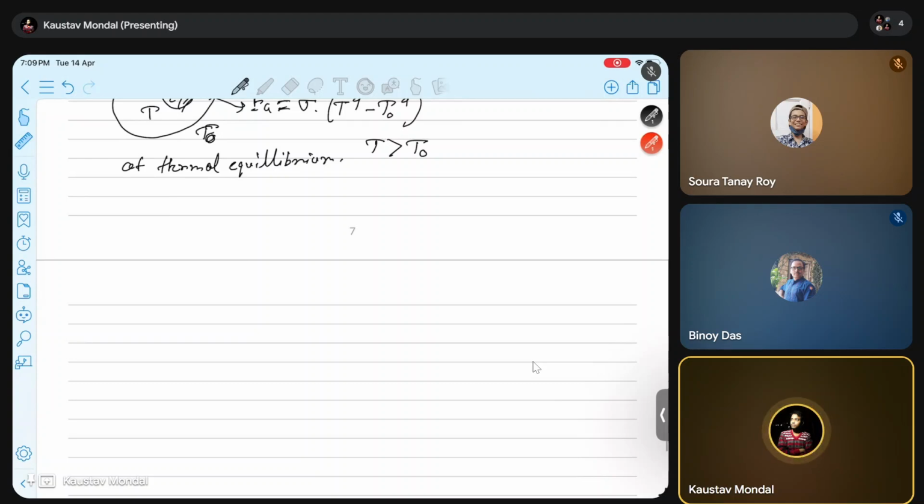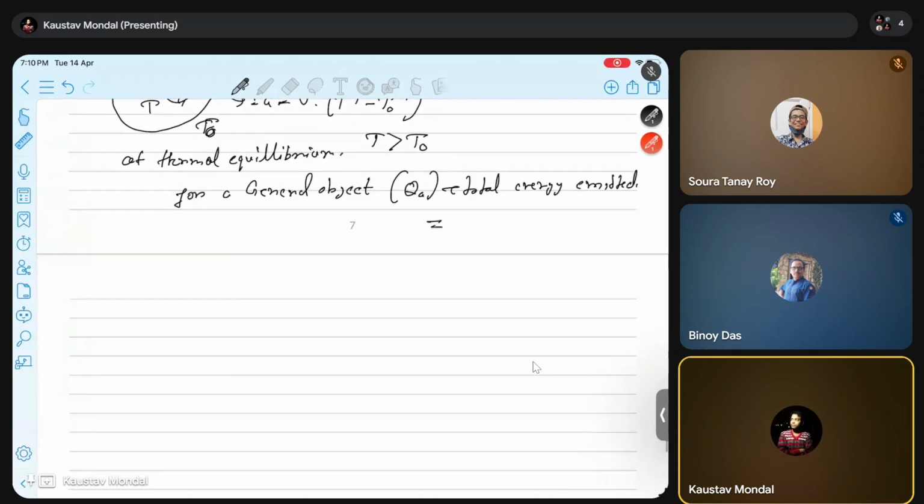For a general object, the total energy that is emitted, denoted by Q, would be epsilon into A into sigma into T to the power 4.